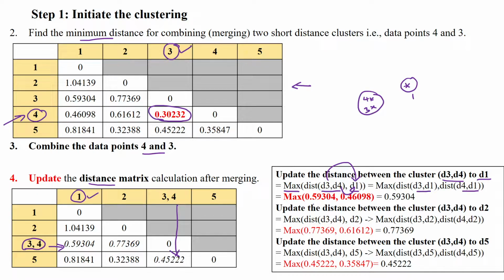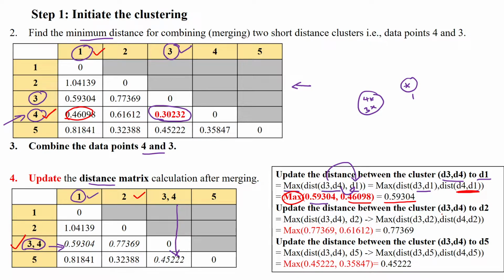The distance between d3 comma d1 is 0.59304. The distance between d4 comma d1 is 0.46098. From these we consider the maximum distance, 0.59304.